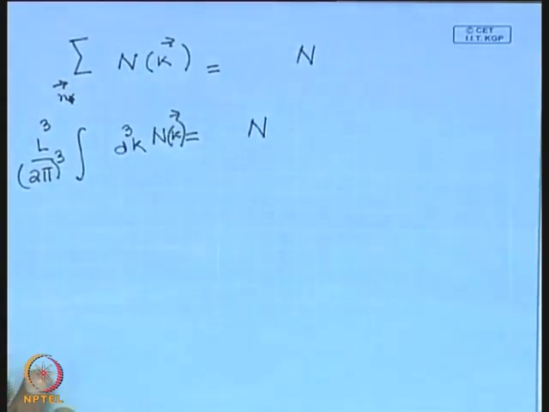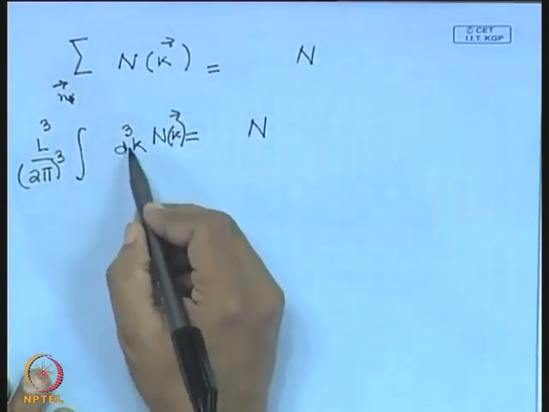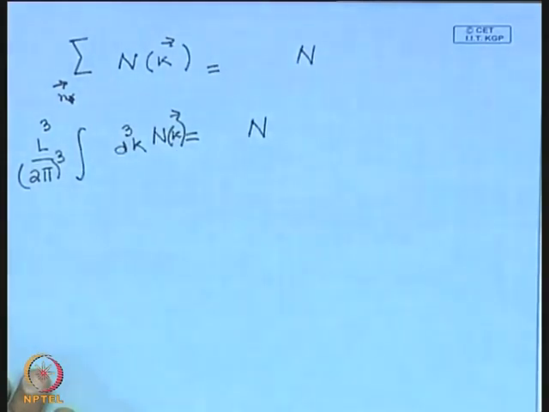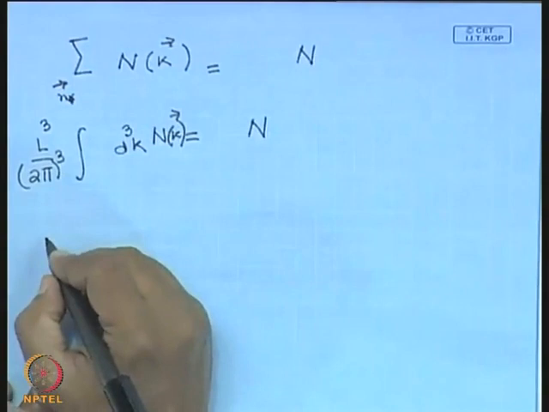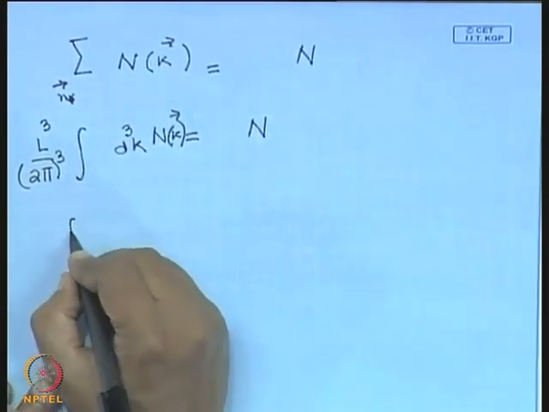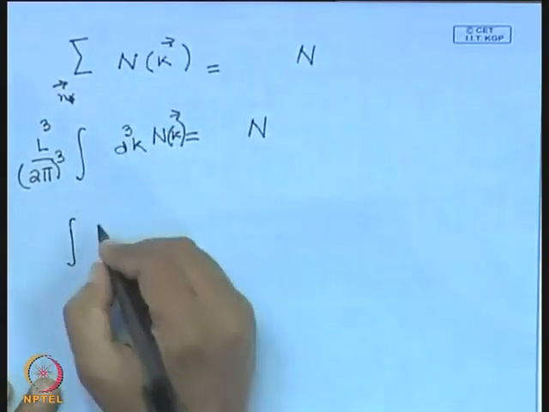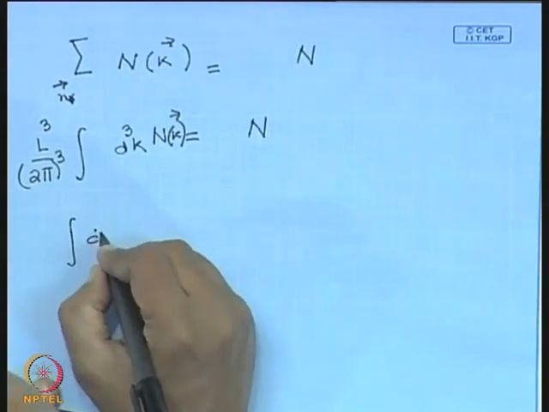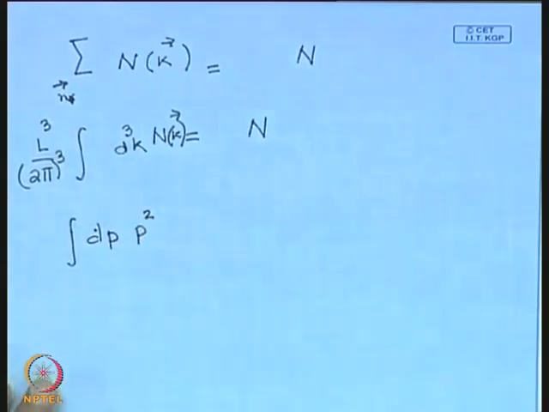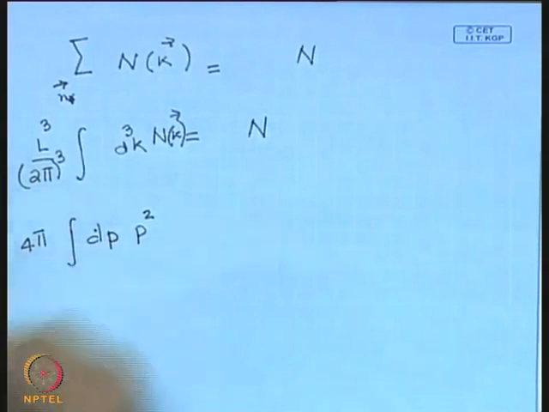Since the occupation number is a spherically symmetric function of k, multiplying with h cross, I can write this as the integral of dp p square times 4 pi.